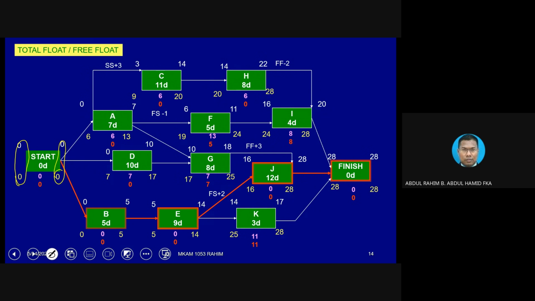For instance, H, 28 minus 22, you are going to get 6. This is what total float is all about in blue color. Okay, total float in blue color. I already calculated for you, so you cannot get it wrong. If you use the front value, 20 minus 14, of course you are going to get 6.